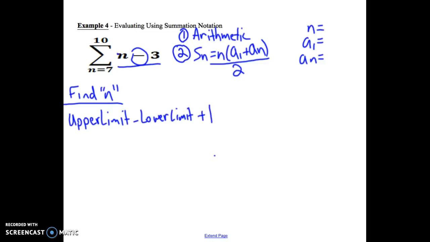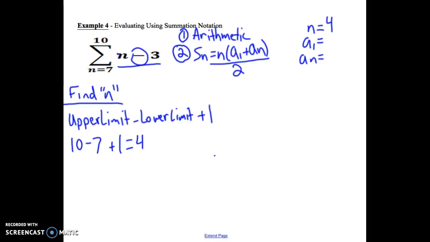In this case, it is 10 minus 7 plus 1 equals 4. All that is saying is that n represents the number of terms in this sequence, so there are 4 terms. So I have found n.